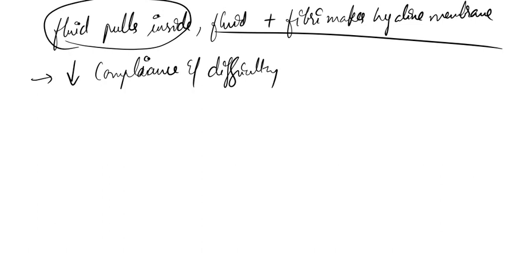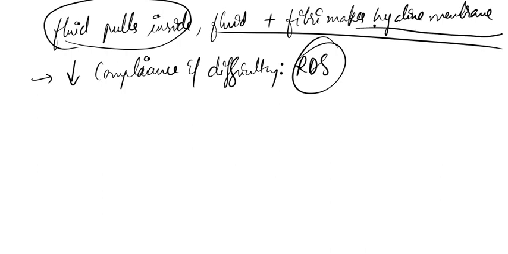So that is the condition we call respiratory distress syndrome, which we also call hyaline membrane disease, right? So there is an accumulation of fluid plus fibrin that makes a hyaline membrane, and there is a decrease in compliance and difficulty in breathing, which leads to respiratory distress syndrome.